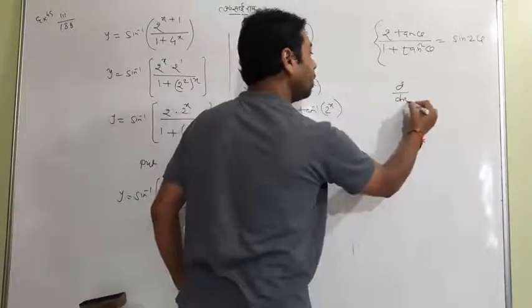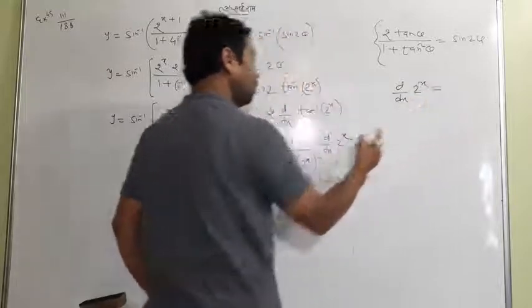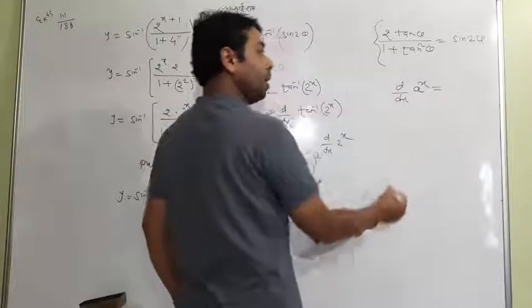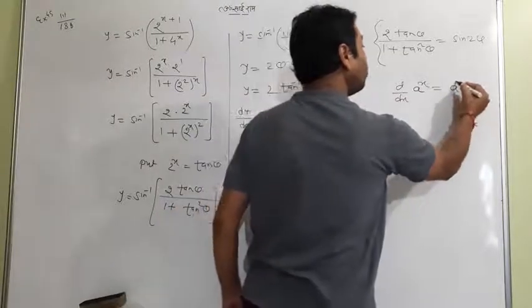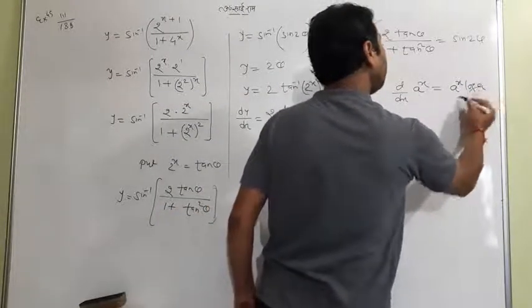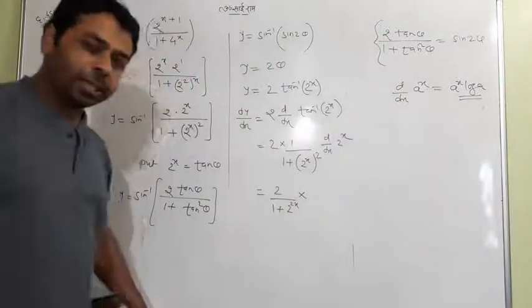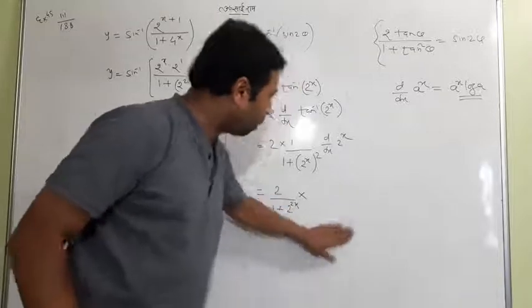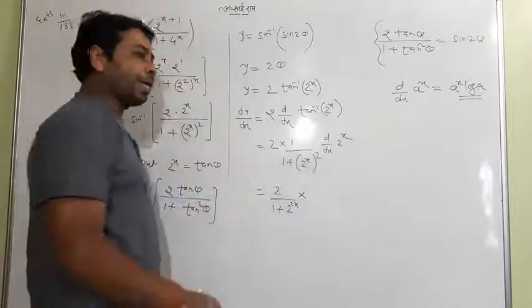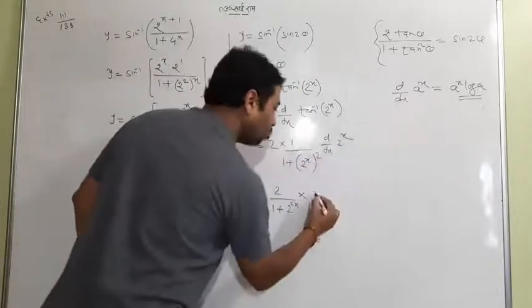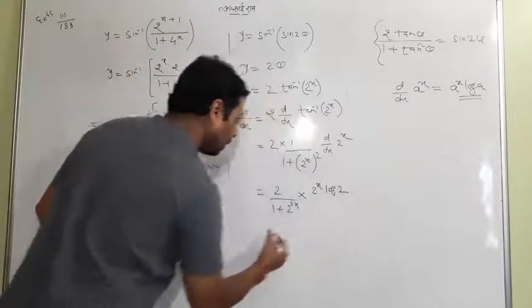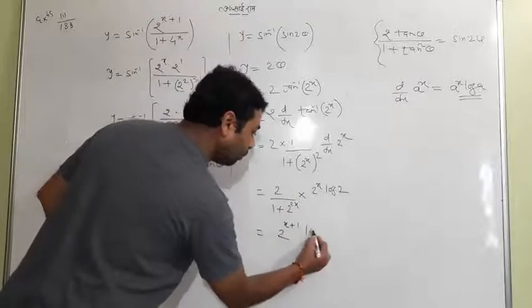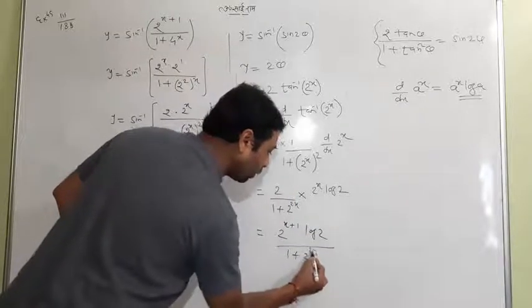If you forgot, let me write: d by dx of a to the power x has the formula a to the power x log a. If you don't know that, I'll explain in the next lecture. Hope you haven't studied it till now, but to complete my solution I'm writing it. 2 to the power x gives 2 to the power x log 2. And the last answer is 2 to the power x plus 1, log 2 upon 1 plus 2 to the power 2x.